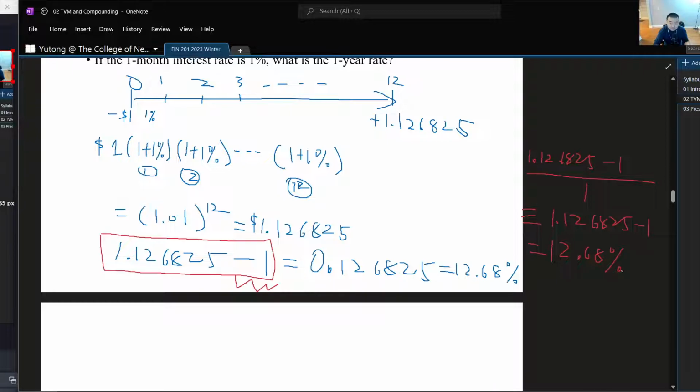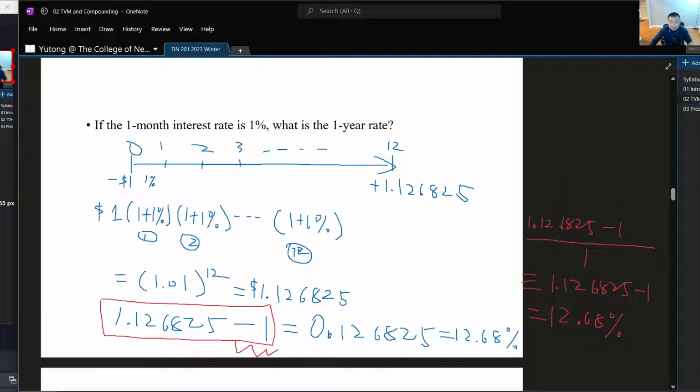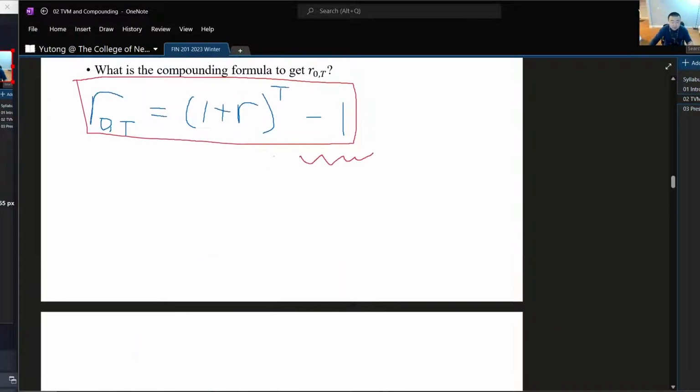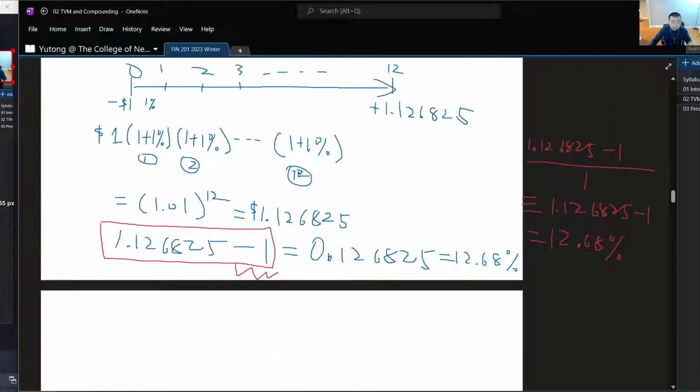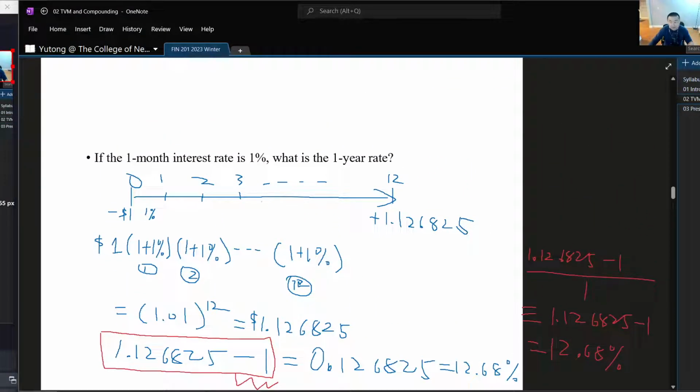Okay, so this minus 1, there are many ways you can understand this. You can understand it as just managing the initial $1 investment, or you can think about it as just minus 1, because 1.126825 is already for every dollar. Okay, so that's the formula. The idea of this part, for all we have talked about, is that we're trying to get the idea of compounding in our mind.